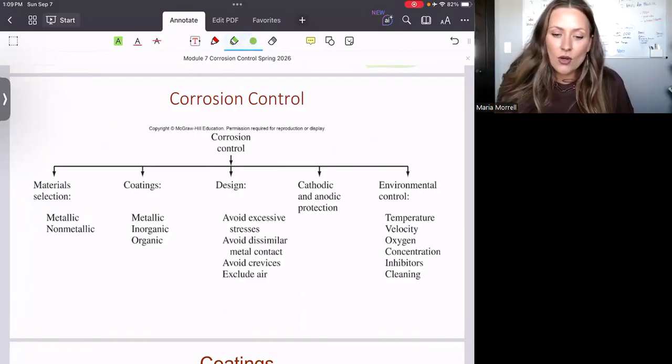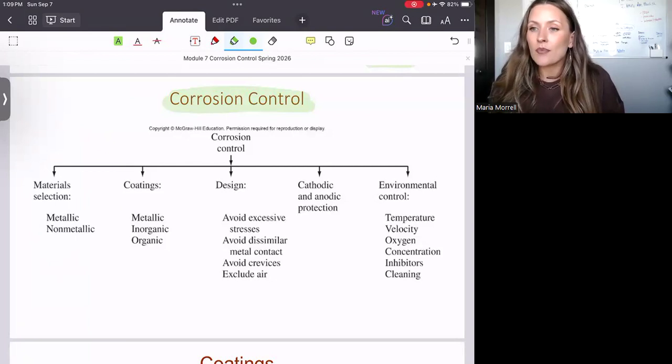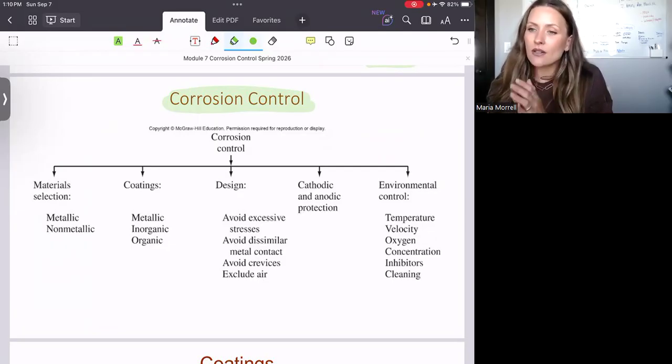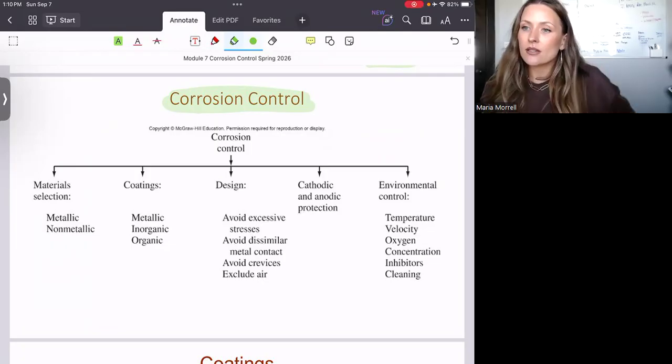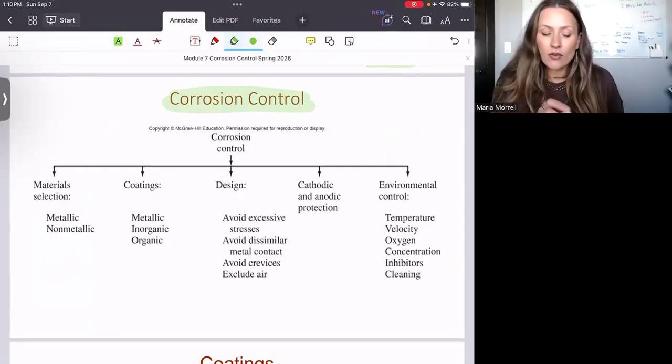So let's list the generic ways that you can apply to control corrosion, sometimes to prevent or mitigate it. Then we go in depth with every single type of corrosion that we are familiar with and see what tools are specifically applied with that type of corrosion. In general, this is going to be applied to any type of corrosion.